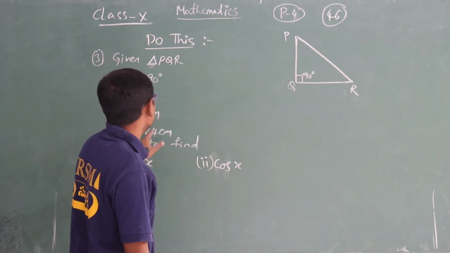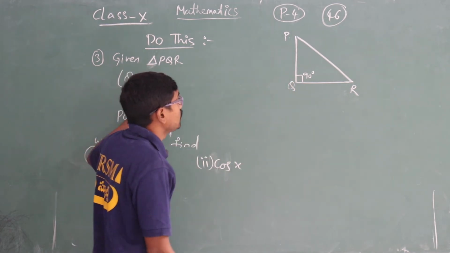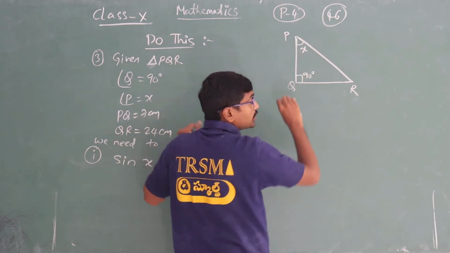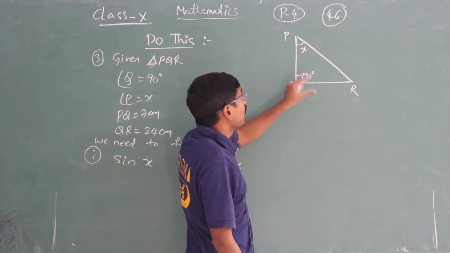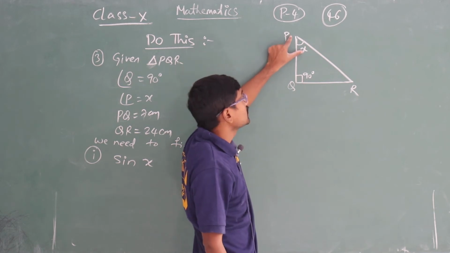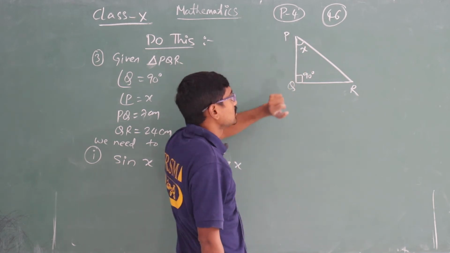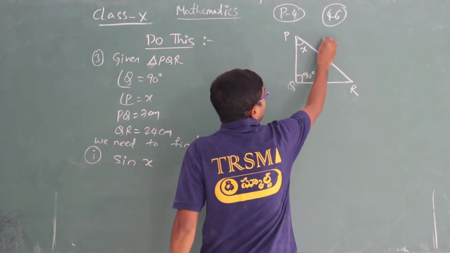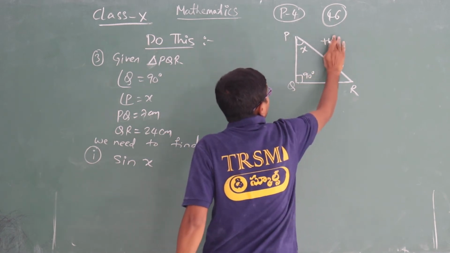So here you can see angle P has the value x. The acute angle is given at P, so that is represented in the form of x. As you all know, opposite to this 90 degrees, the side is the hypotenuse.